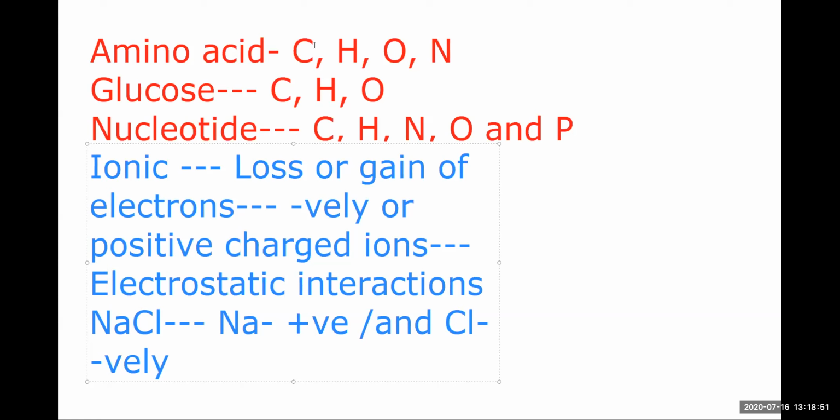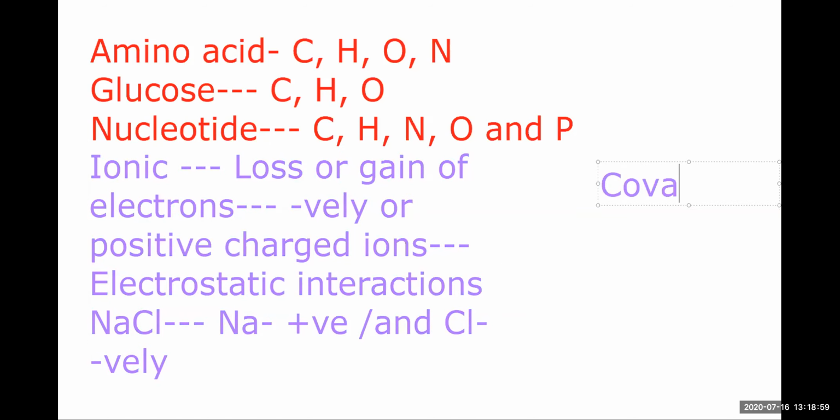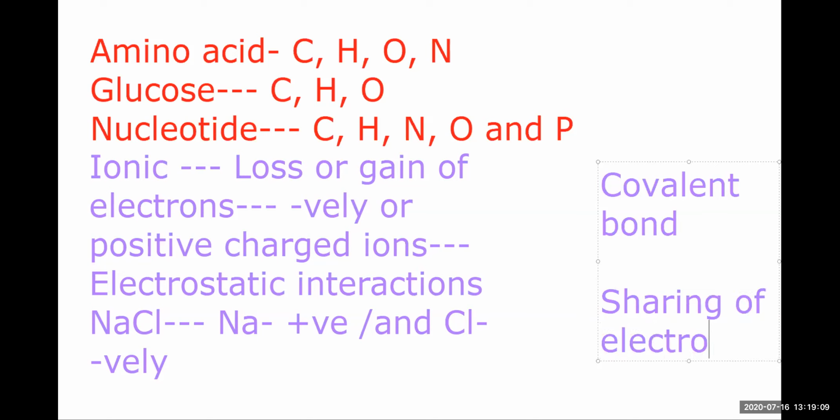A covalent bond. Covalent bonds are formed by sharing of electrons. And what are the examples?